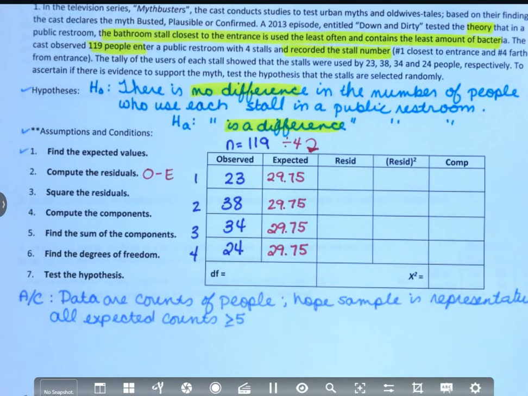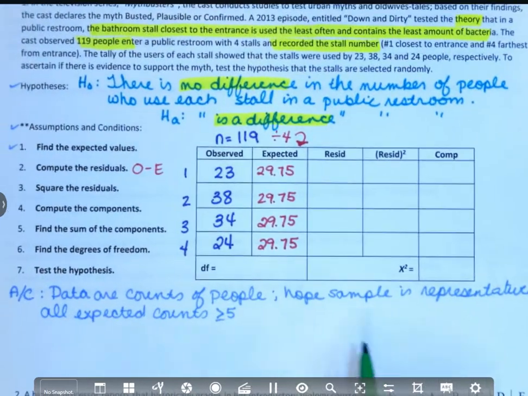So I want you guys to calculate your residuals. Okay, so what is my residual for the first stall?